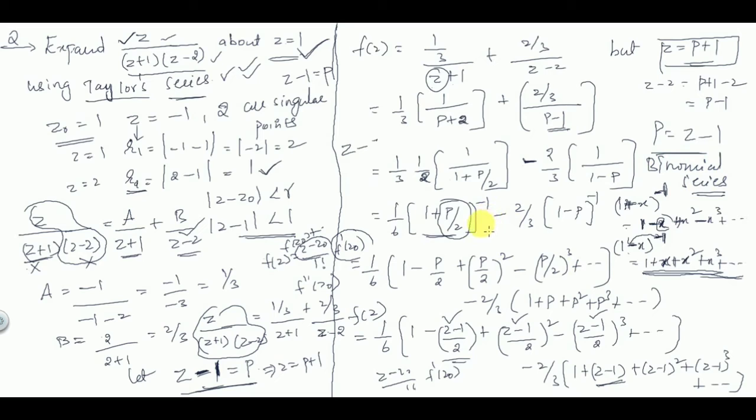Okay, so understand the difference, how to find the Taylor series about z is equal to 1 using formula and also using partial fractions. These are the two methods which you have to be very perfect in order to solve any problem for Taylor series.